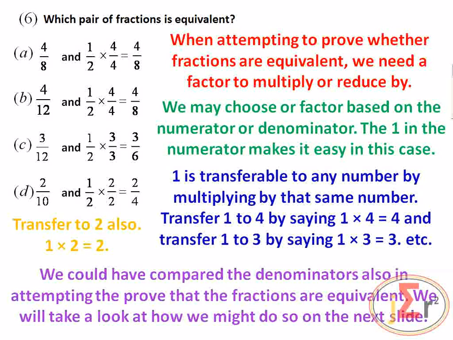Because if we have 10 and the other one is 1, what do we multiply by? 10. And if we have a numerator of 1 and the other one has a numerator of 7, what do we multiply by? 7. That's easy. We will take a look at how we might compare denominators on the next slide.